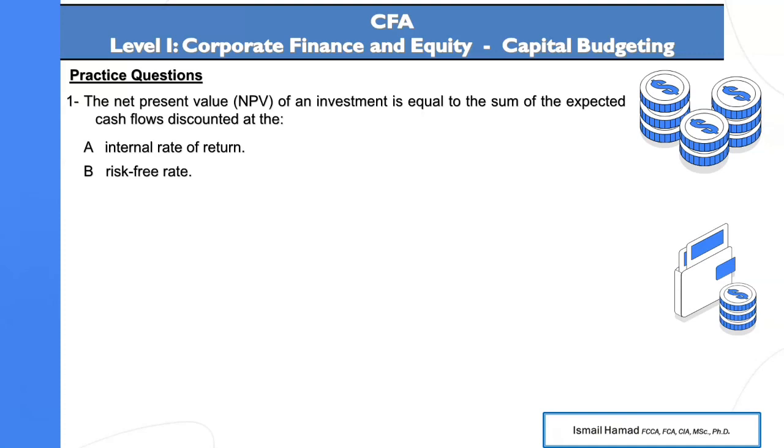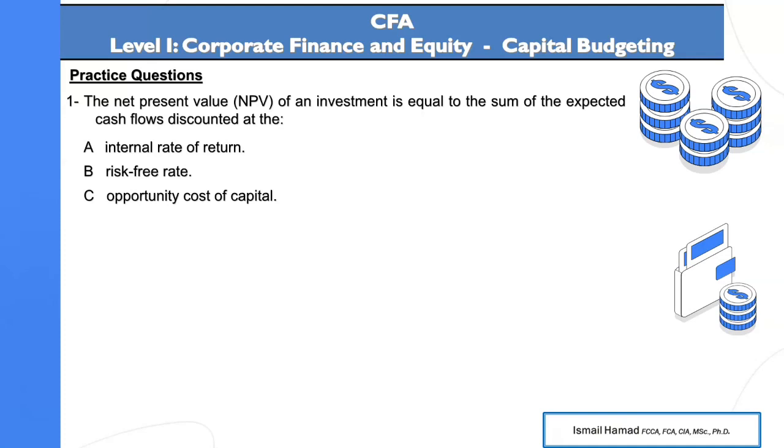We should earn a risk premium over the risk-free rate of return, because if I'm going to use the risk-free rate of return, why should I take any project that has risk? I should go directly to the risk-free rate of return on some investment, as I mentioned. The answer, C, is opportunity cost of capital.